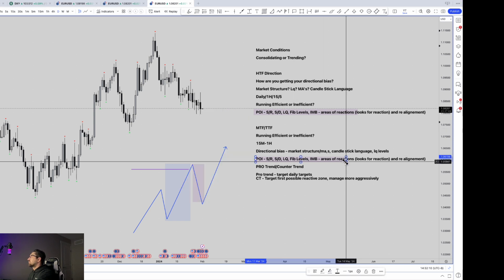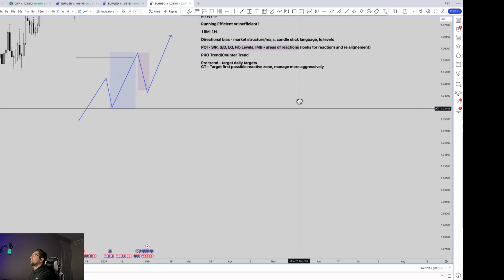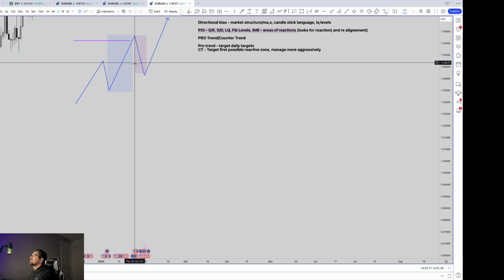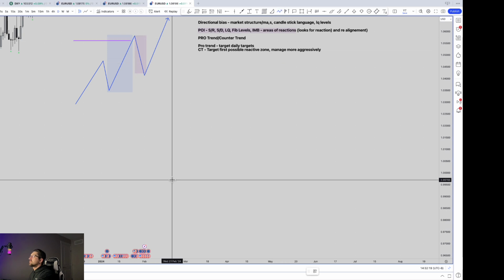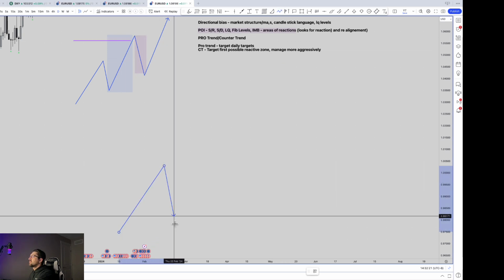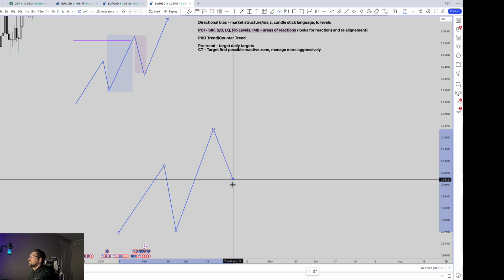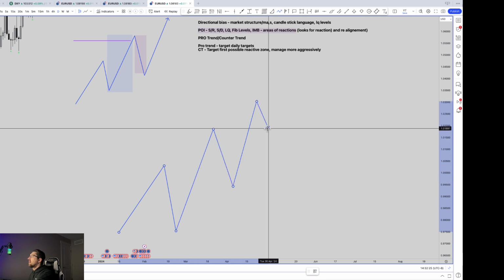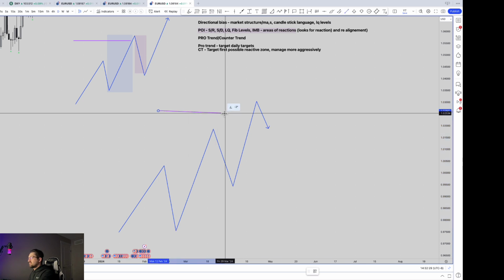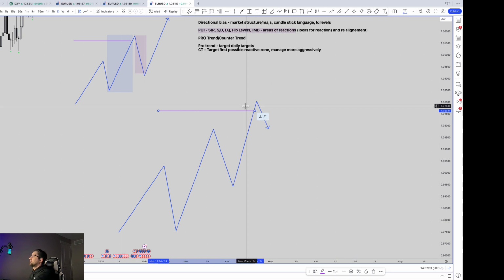So, at your POIs, look for reactions or realignment. How does that look? We could give you an example. Price is trending. Let's say you hit a level of liquidity or support or resistance or supply to the left, and you get a reaction.